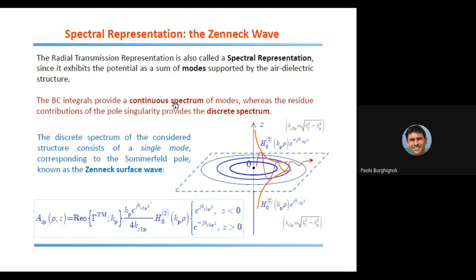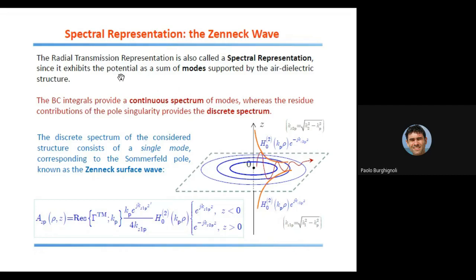And this kind of wave produced much debate in the subsequent decades, because some people questioned its existence and its role in electromagnetic phenomena, whereas the branch cut integrals provide a continuous spectrum of modes.